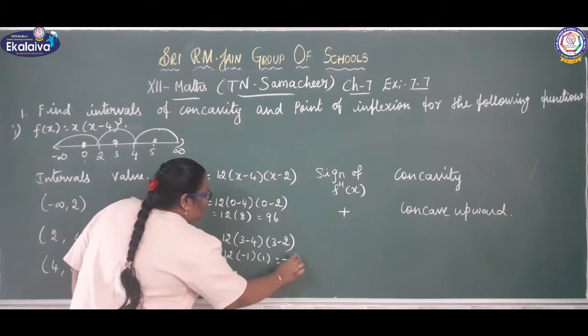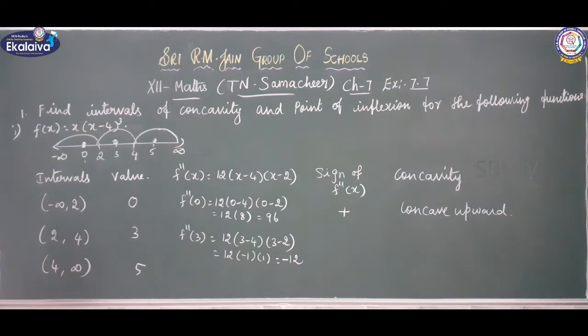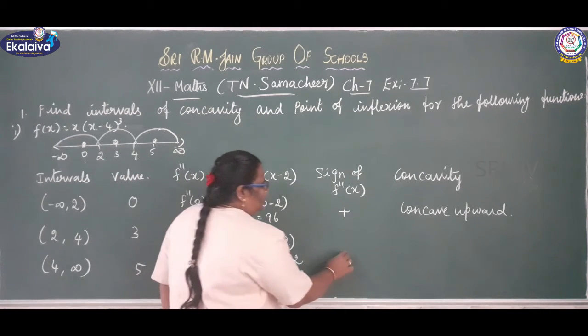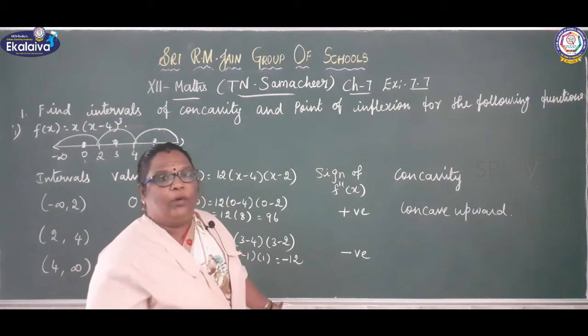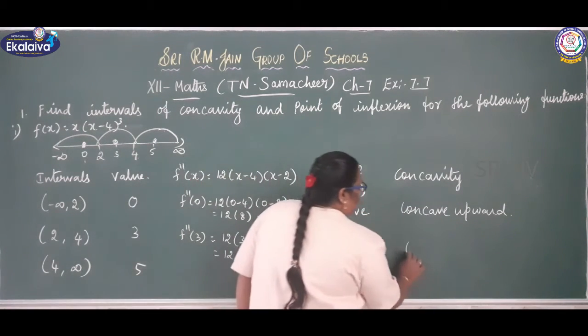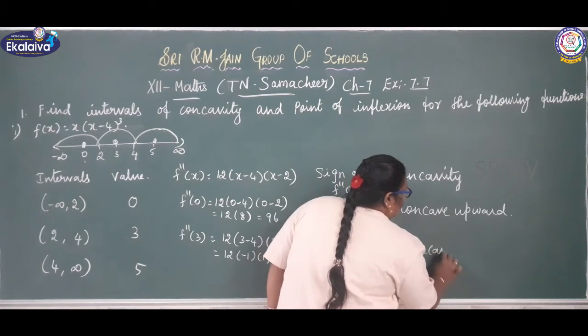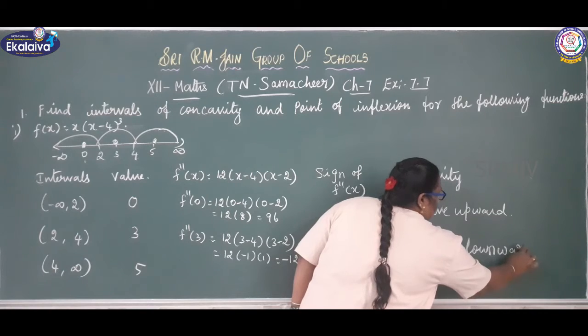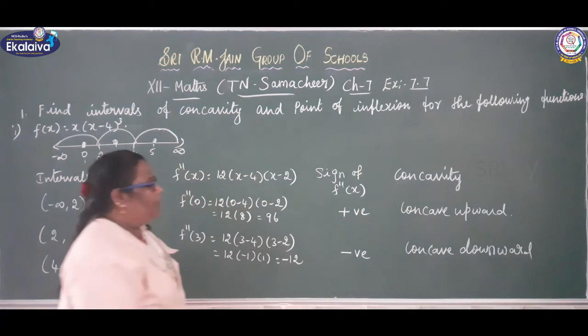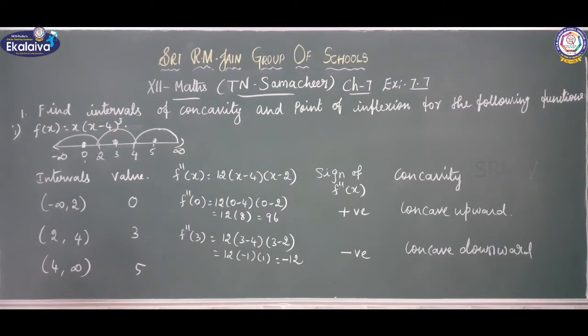So, the value is minus 12. So, negative. Here it was positive, here the value is negative. So, concave downward. Negative, concave downward.